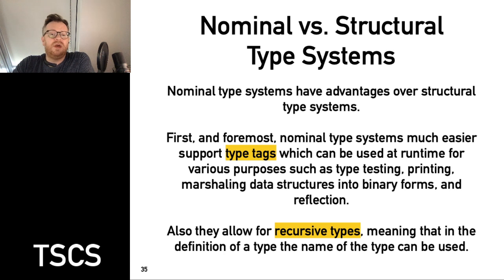You can reuse the name of the type in the same type definition. That's something we couldn't do in the lambda calculus because it was structural and the names would be non-existent in the actual language. So here you can actually do recursive types, pairs that contain pairs again. We can do that.